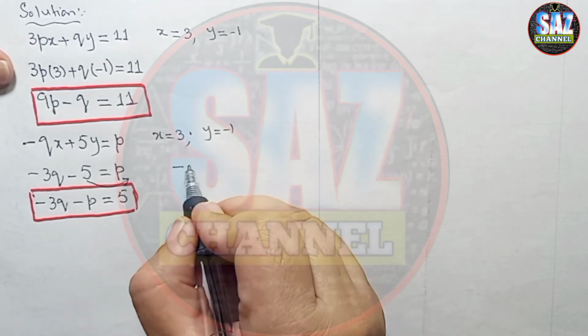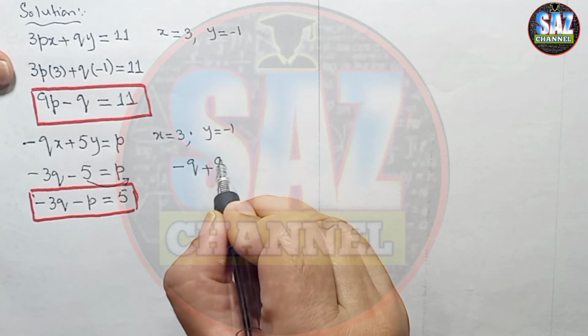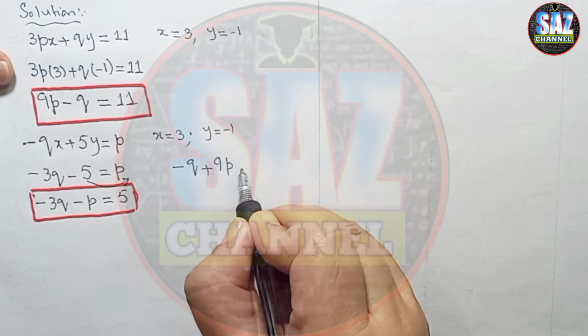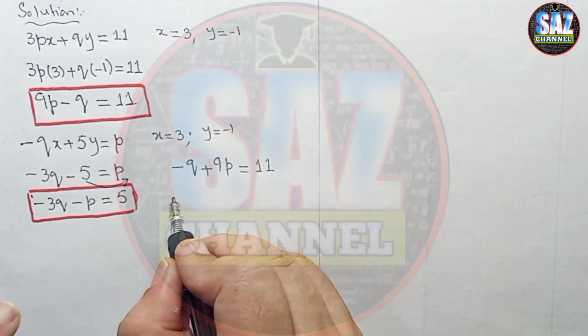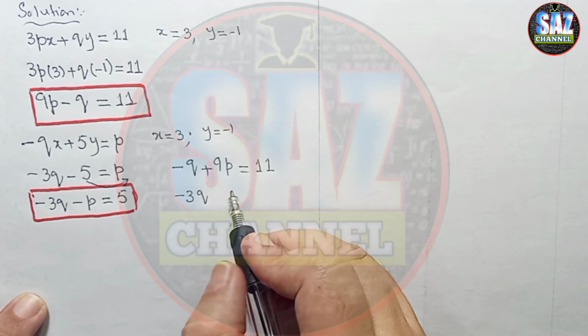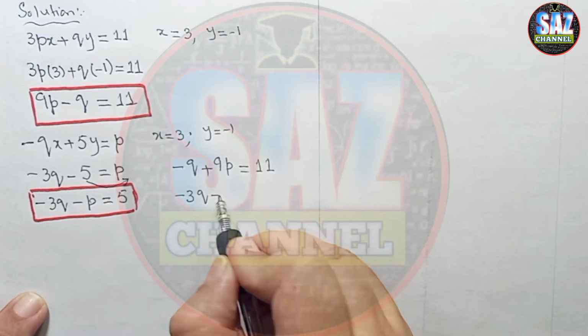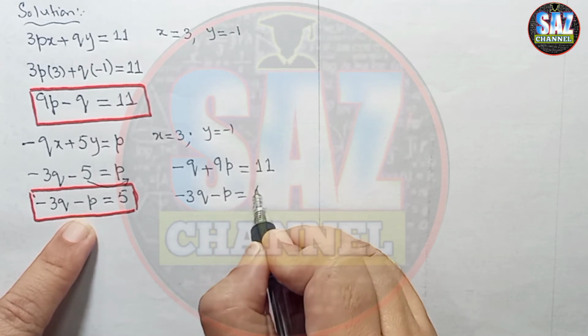The first equation will become minus q plus 9p equals 11, and the second equation is minus 3q minus p equals 5.